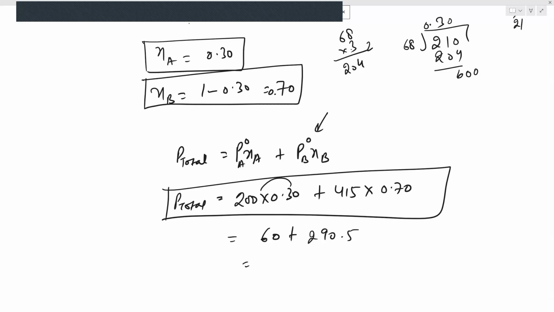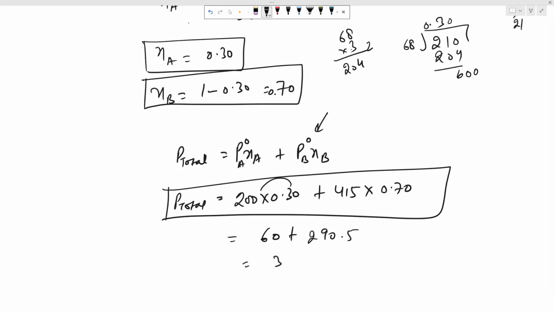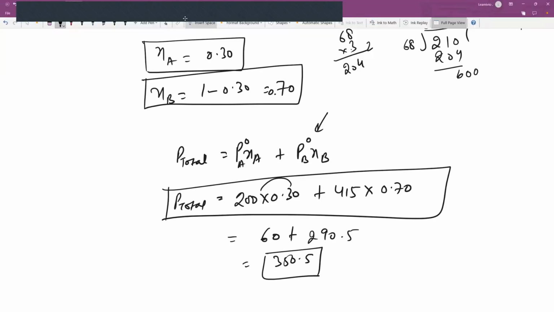Approximately 350.5. So this is the total pressure, P total, approximately 350.